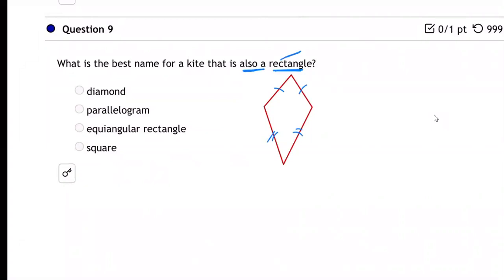What does that mean? It's a rectangle. Angles equal 90 degrees. So if you bend that kite, this is a kite, the angles are not 90 degrees. So if we change it to make the angles all 90 degrees, if I can do it.